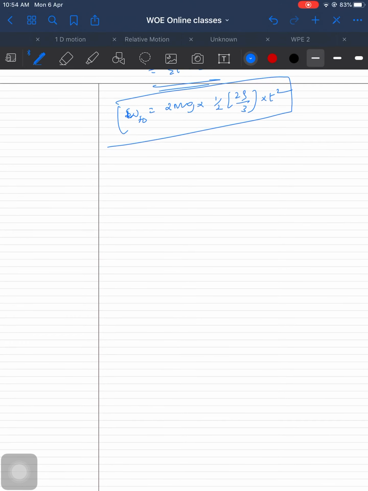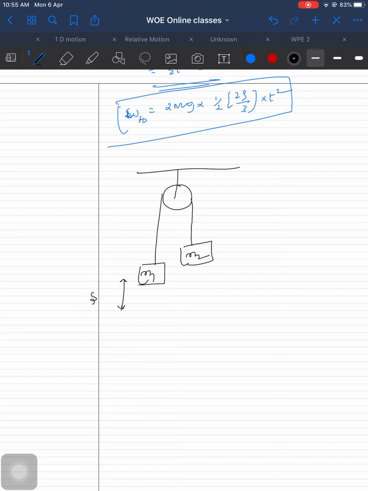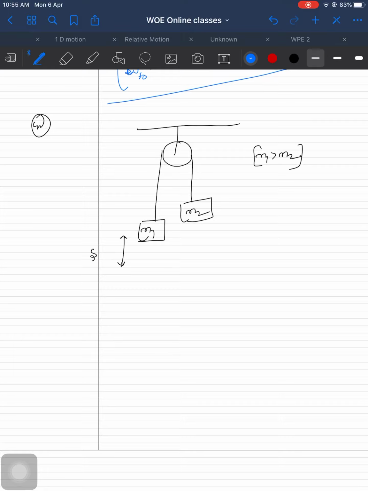Now, in the previous case, we will discuss one more question based on this. There is a pulley with mass m1 and m2. Find the work done to move a displacement of s. m1 is greater than m2. So this is another example.